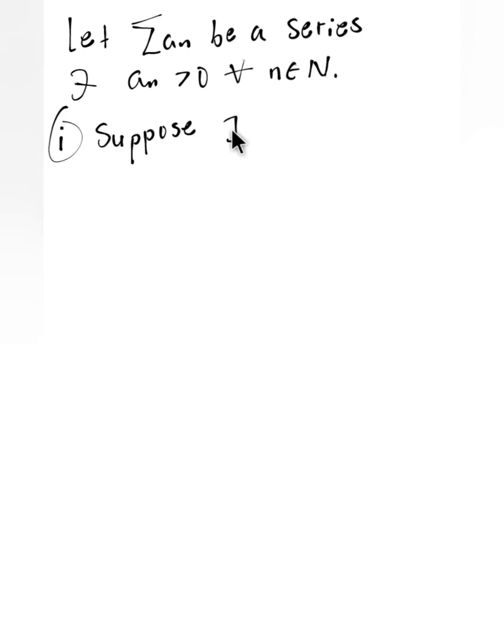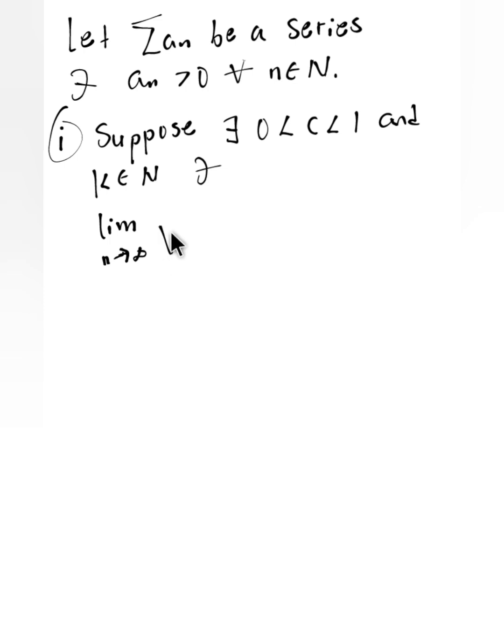Suppose there exists 0 less than c less than 1 and k an element of the natural numbers such that the limit as n tends to infinity of the nth root of an is less than or equal to c, then the series converges.